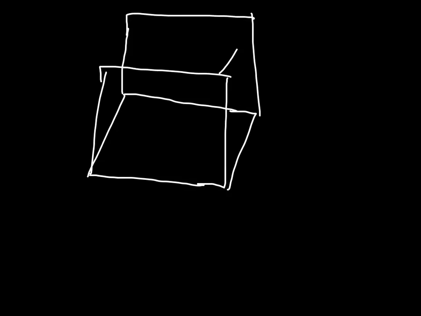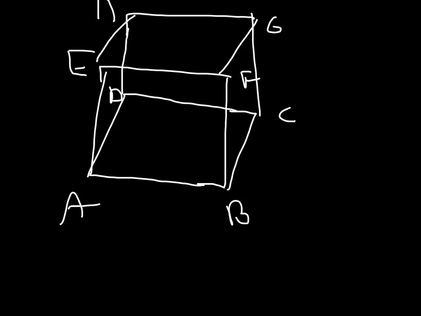So you can be given diagrams, for example, a box, and from this box you could be asked to name lines which are skew. So skew are two lines that don't intersect but are in different planes.